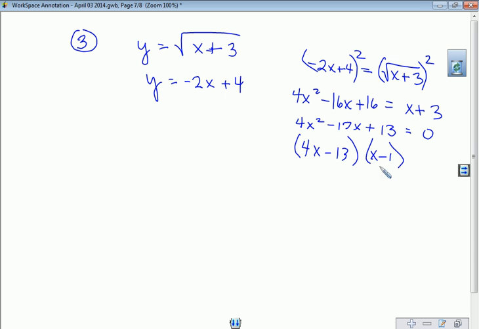That gives me -4x, and -13x is -17x. So my solutions are 13/4 or 1.